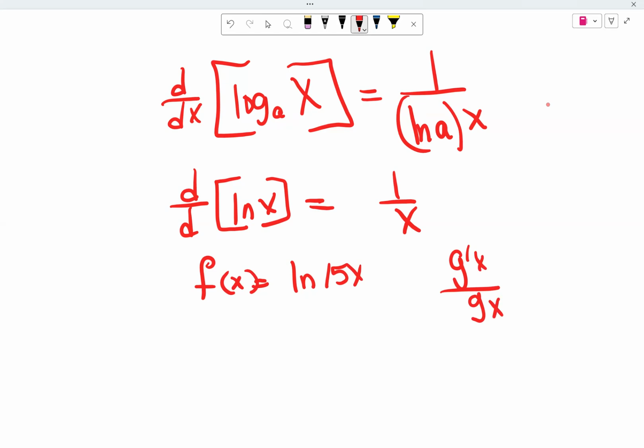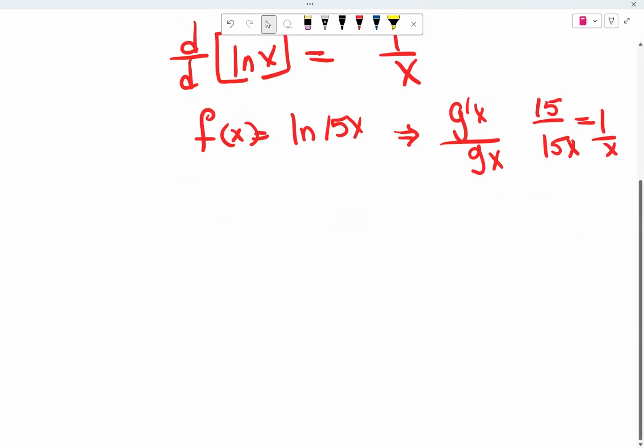This would be 15 over 15x. And so if you notice, the 15s are going to cancel, and you're going to end up with 1 over x for an answer. So this is the idea of how we arrived there. So just keep that in mind.